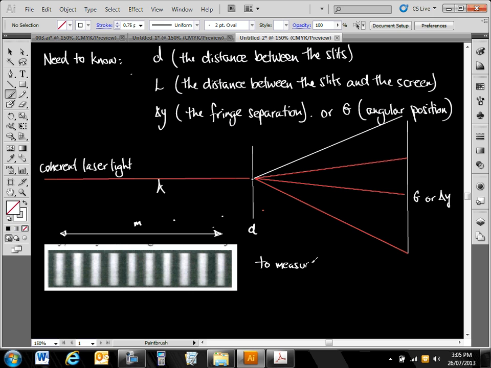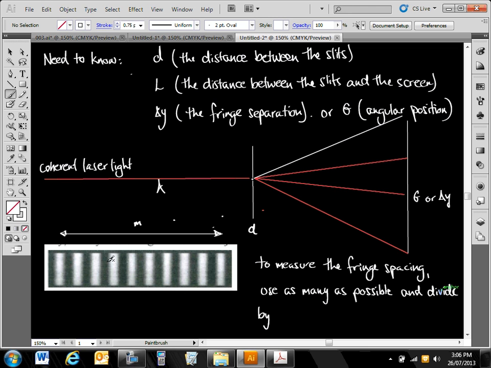To measure the fringe spacing, use as many as possible and divide by the number of fringes.